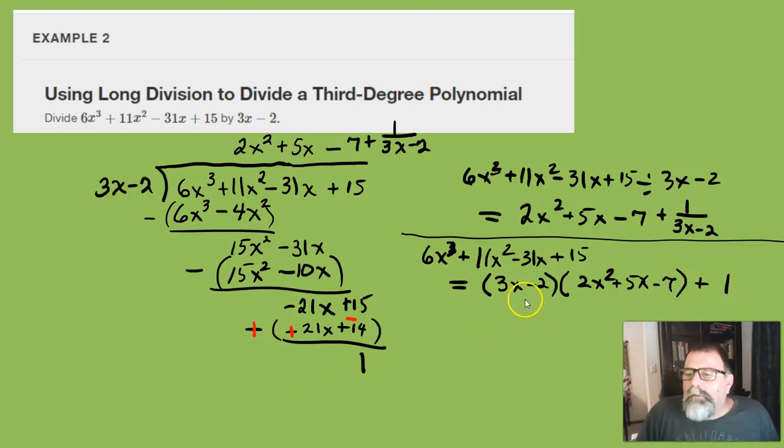Okay, so if you distribute this out, you'll get 6x cubed plus 11x squared minus 31x plus 14, and then the plus 1 will get you to the 15. All right, so leave that for you to try on your own just to check. So that's the way you could check to make sure you did the division correctly.